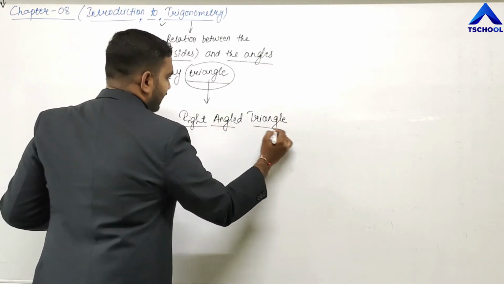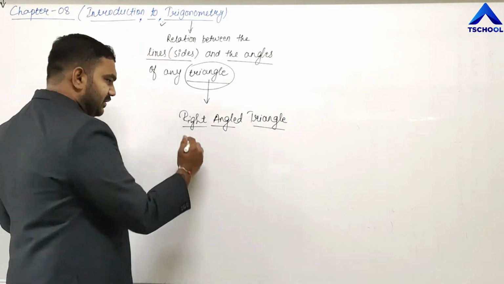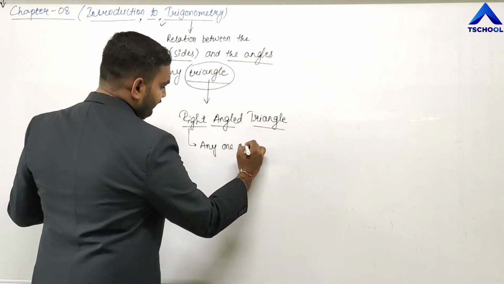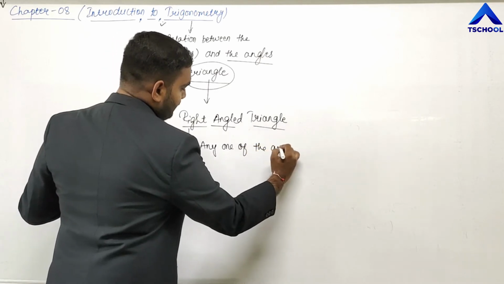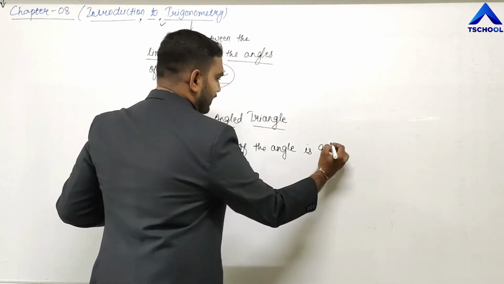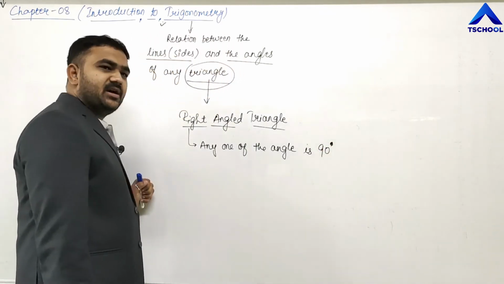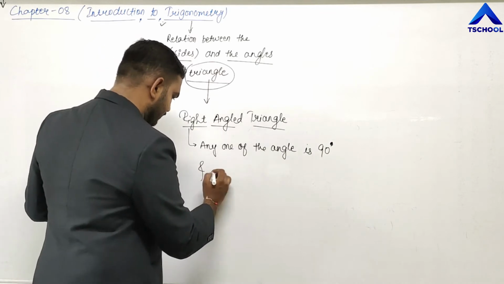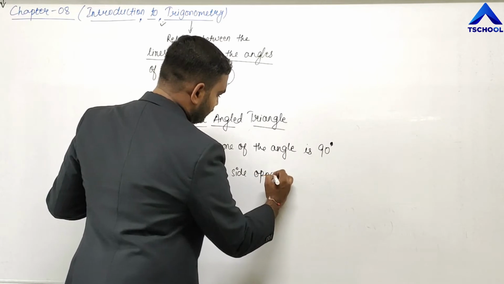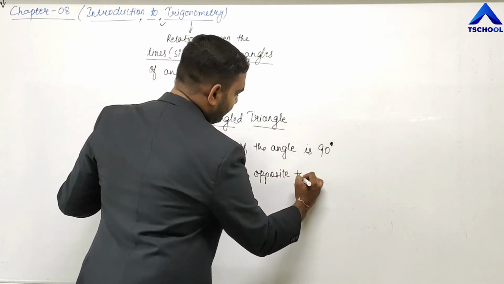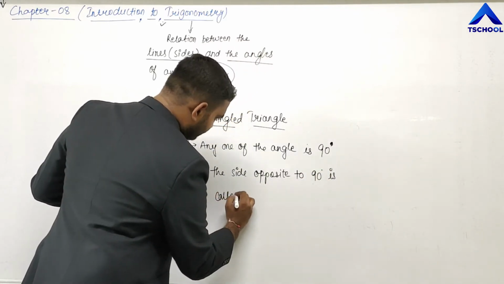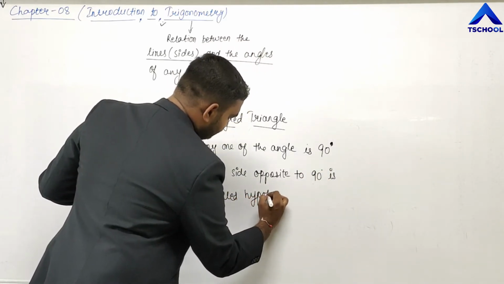Right angled triangle. Now you must know what is a right angled triangle. Right angled triangle means any one of the angles is 90 degrees, and the side opposite to 90 degrees is called the hypotenuse.